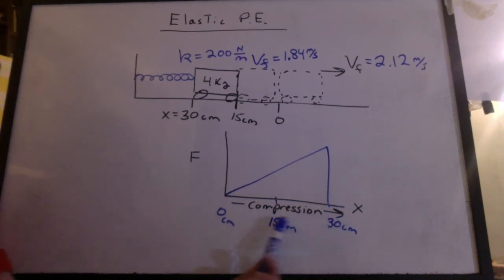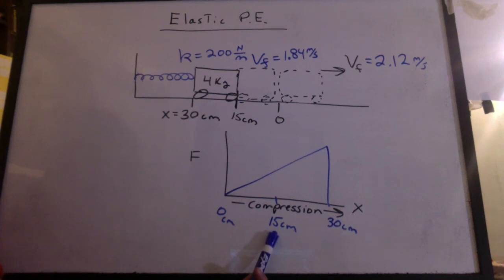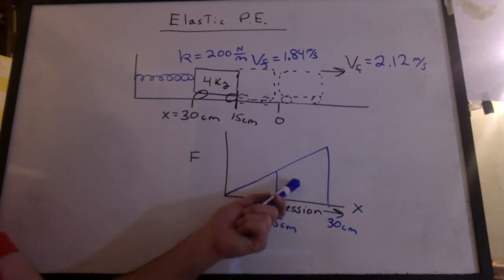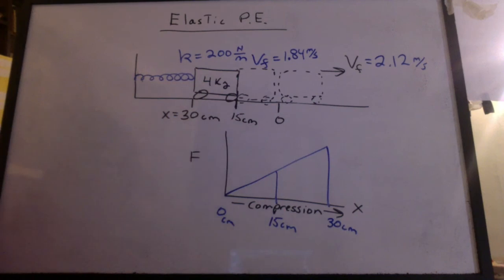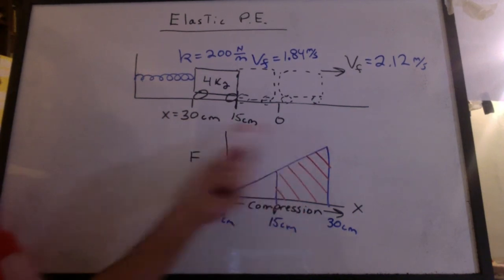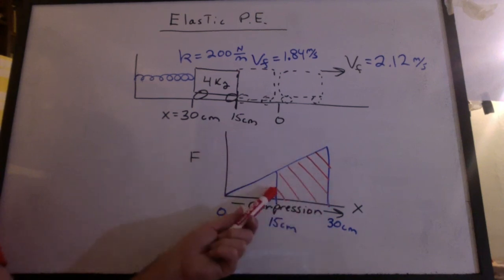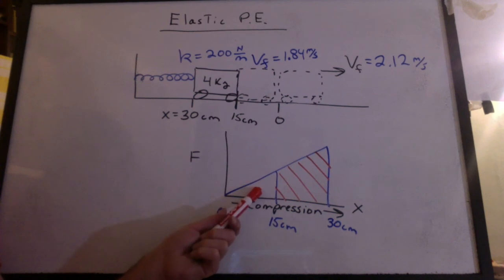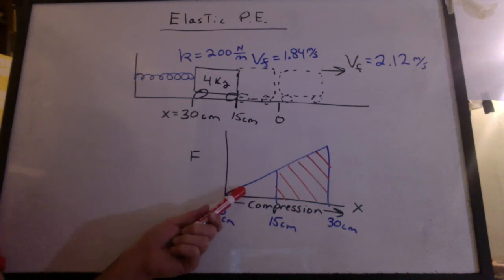When we expand back to 15, what part of this area was delivered as energy to the cart? It was this part of the area. As we can see, with the greater force, we're going to deliver more energy as we expand in the first half than when we expand in the second half. There's just not that much force here, which results in a smaller area.